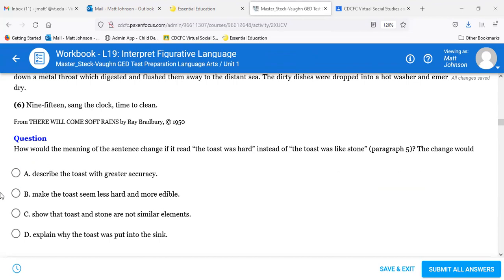The change would: A. Define the stove with greater accuracy. B. Make the stove seem less hard and more edible. C. Show that toast and stone are not similar elements. D. Explain why the stove was put into the scene.